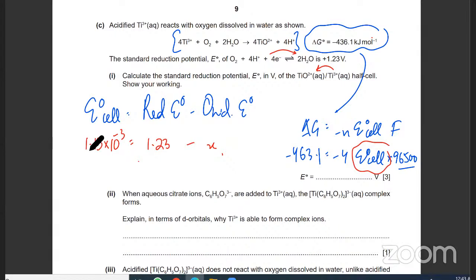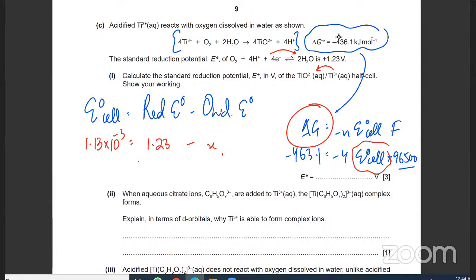Let me just quickly check the units. Do we take delta G in joules or kilojoules? Kilojoules. Yeah, but we can just confirm. Sorry, it's coming out to 1.2. The 436.1 is supposed to be divided by 1000.